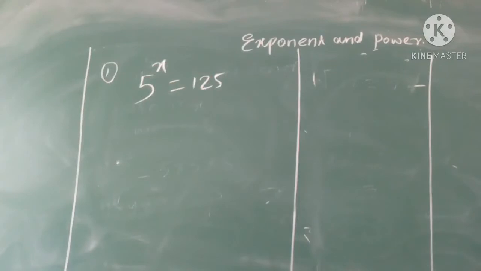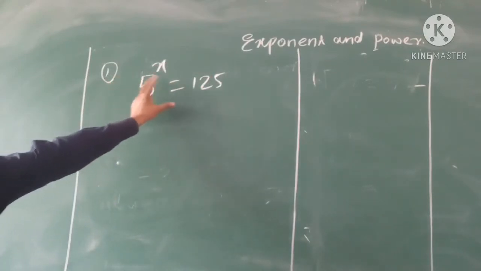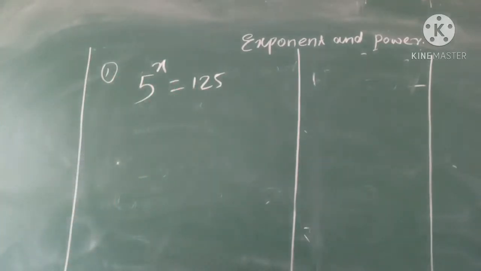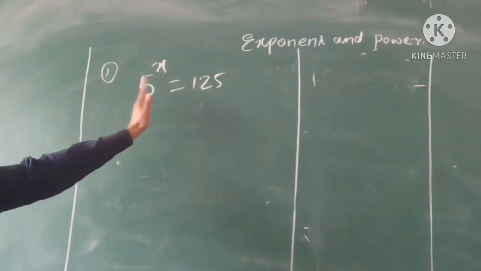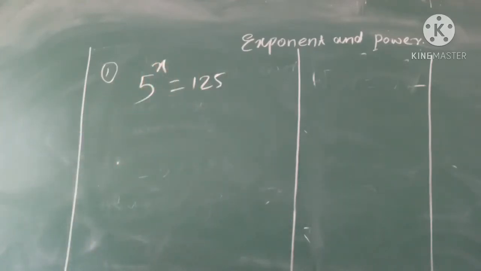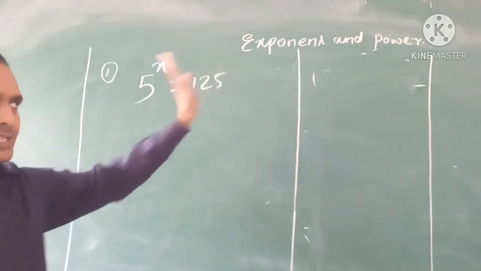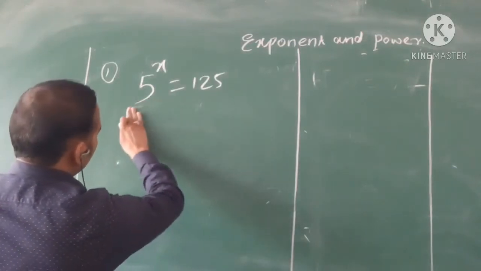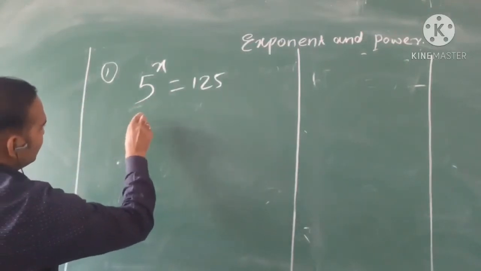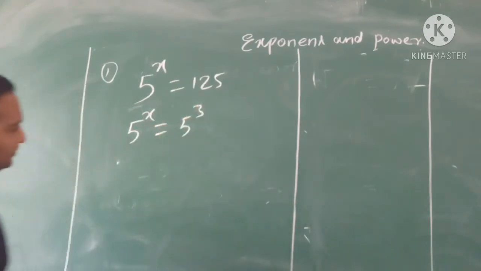What does it mean? It means it is an equation in the exponent form and here you have to find the value of x. And how to find the value of x? First we will make same base on both the sides. Here the base is 5. This may retain 5 to the power x and this 5 to the power 3.